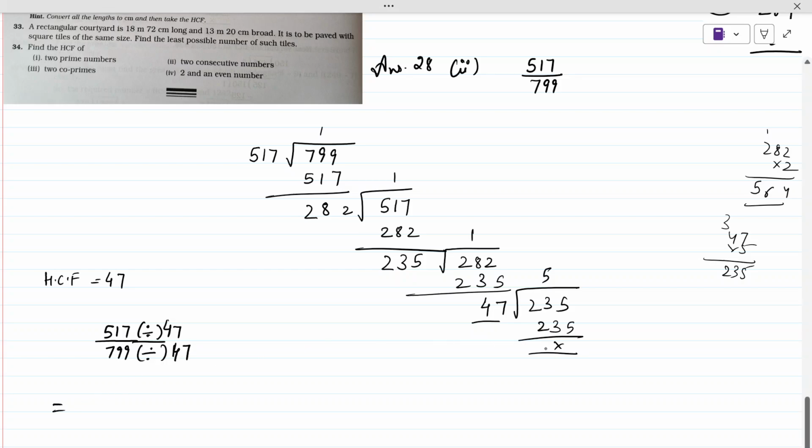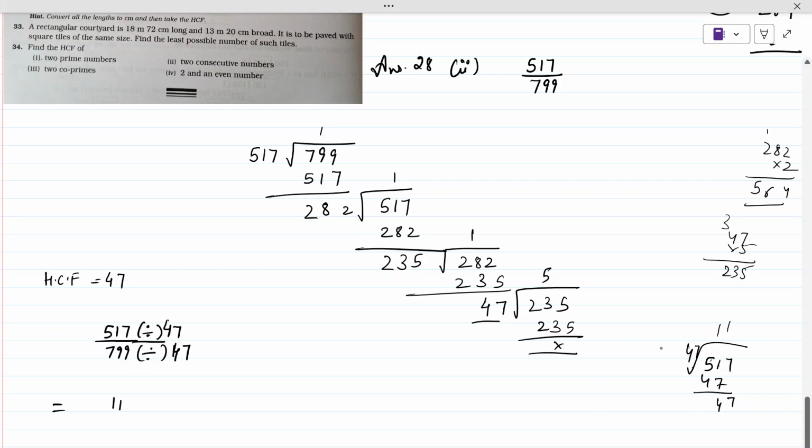So let us try and do this here. Let us take 517 and then 47. This is 1. 11 minus 7 is 4 and then again 11. So in the numerator we have got 11.